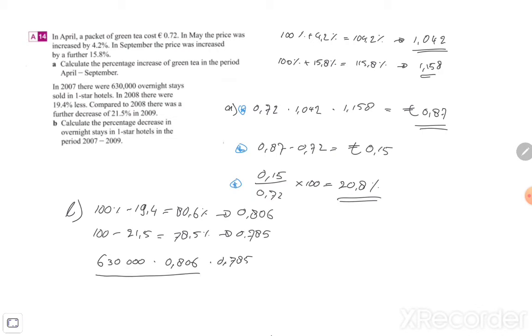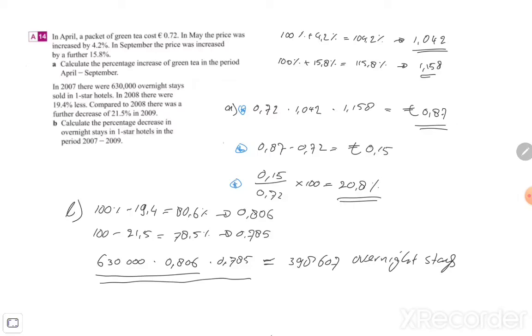So the first step is the decrease in 2008, and then the decrease in 2009, which is approximately 398,607 overnight stays. All right.